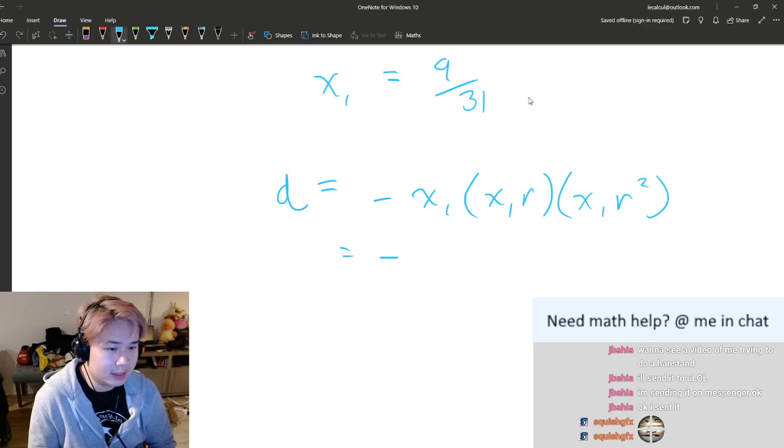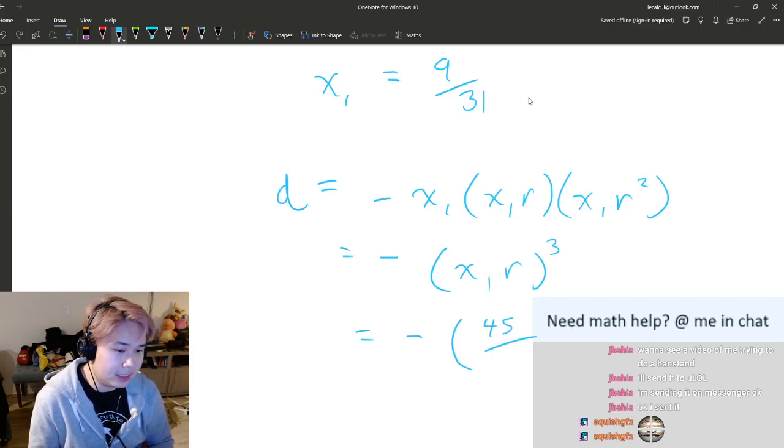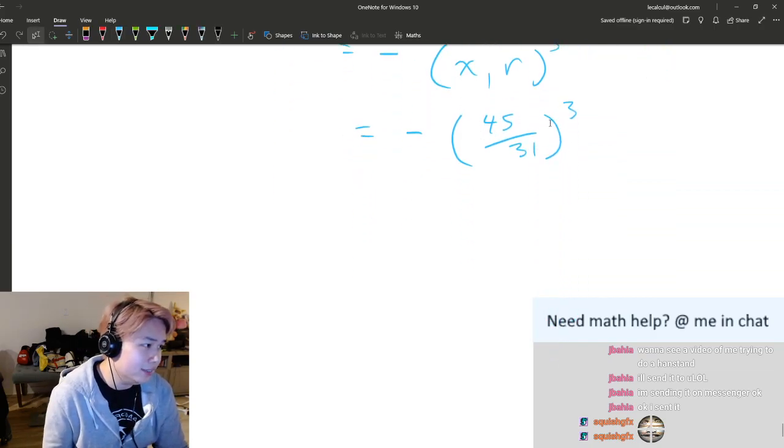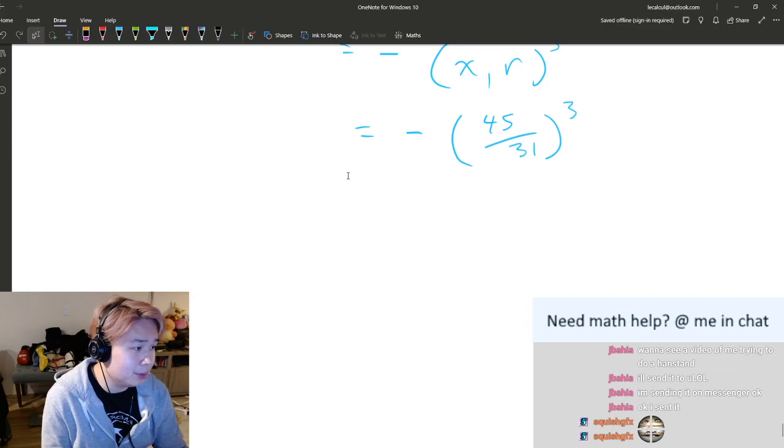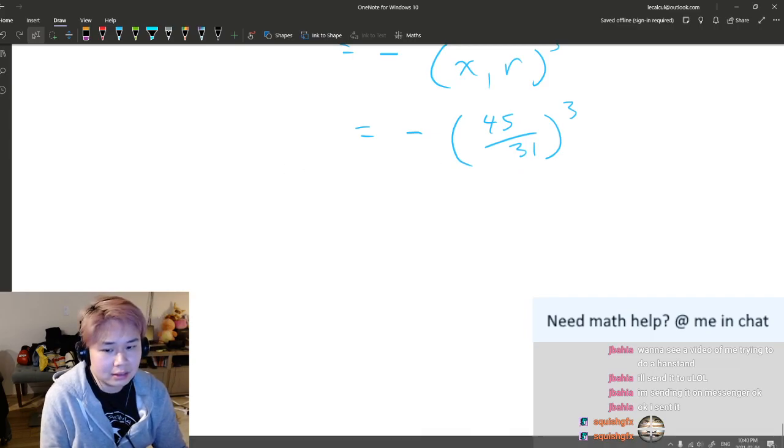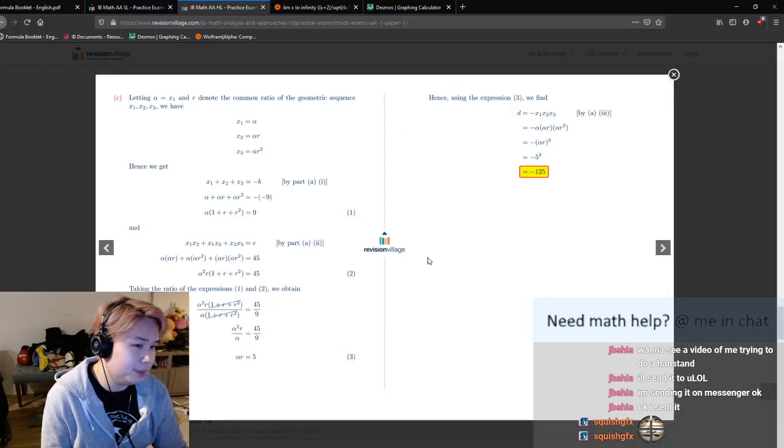So all of this is x1 times r to the power 3, which is 45 over 31 to the power 3. And it's still the same thing. You have to do this huge multiplication. This is paper 1 practice.